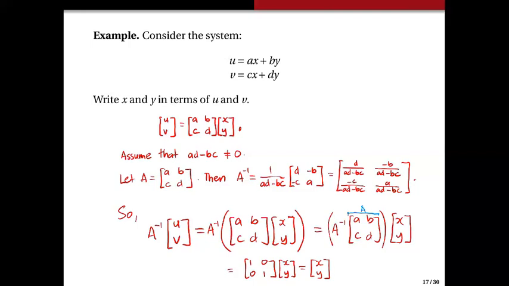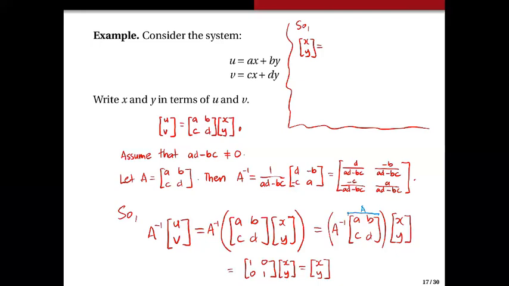So at the very least, your right-hand side now is just in terms of X and Y, and there are no other terms. This guy here, all we need to do is to multiply this A inverse times the vector (U, V). So I'll put the computation in here.